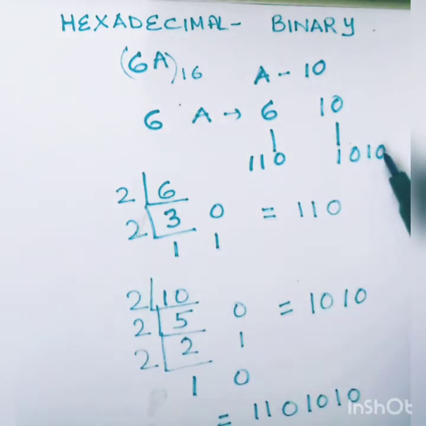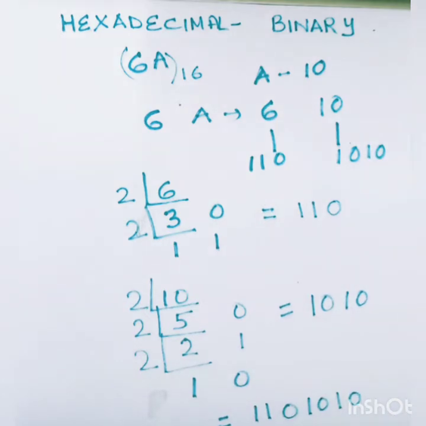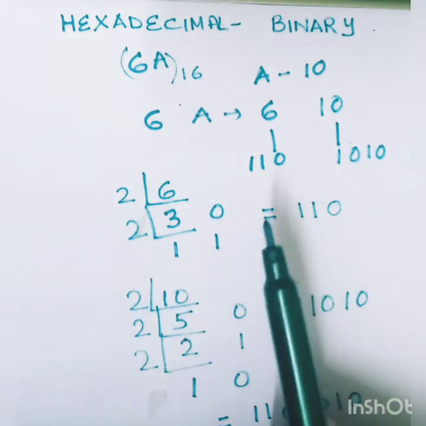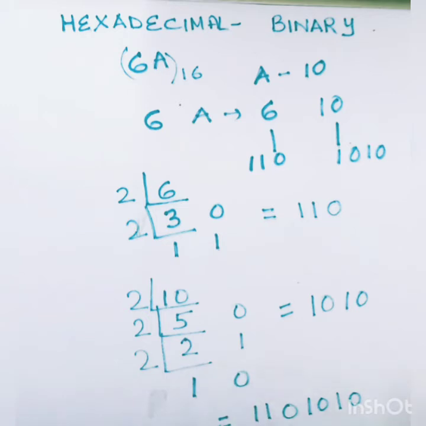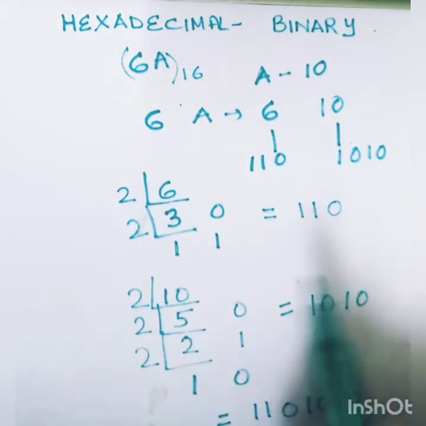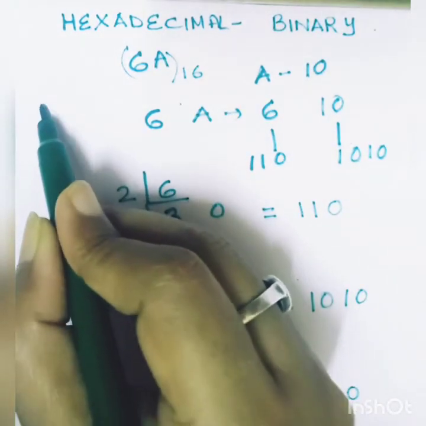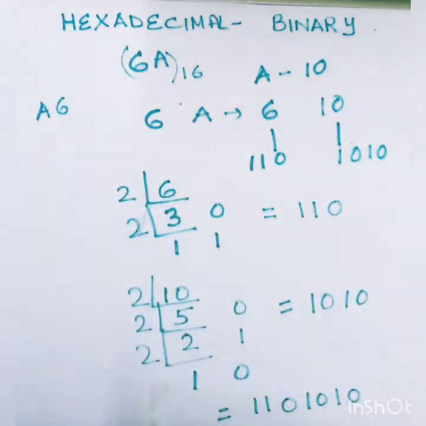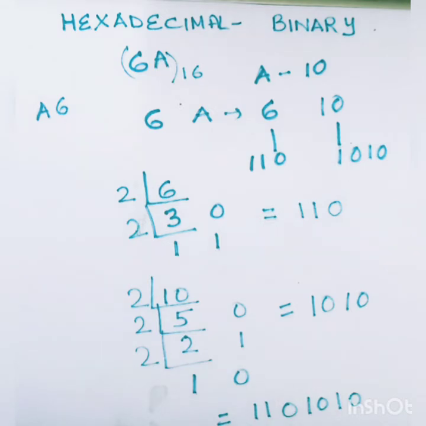Individually take the numbers and then convert them into binary and then combine them. Now what will happen if we get something like this? Say we get a number A6.